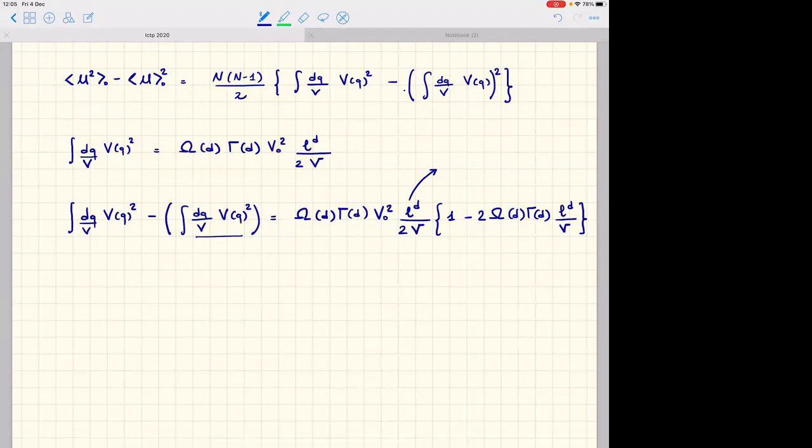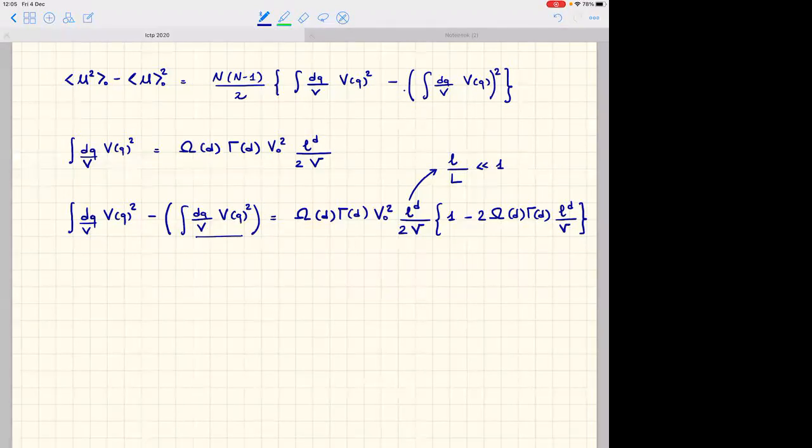This means practically that one basic requirement is that the typical scale on which my interactions decay compared to the length scale that defines my volume, this ratio should be definitely much, much smaller than 1.